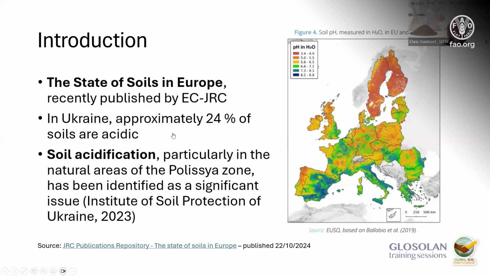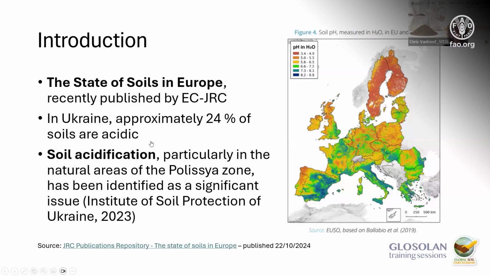And in the report, it was stated that in Ukraine, approximately 24% of the soils are acidic, so more to the lower pH range. On the right side, you see a map of the soil pH, but measured in water in the European Union. Unfortunately, Ukraine is not included in this map, but it's nevertheless discussed in the report.